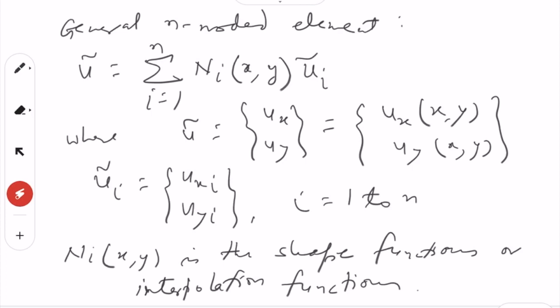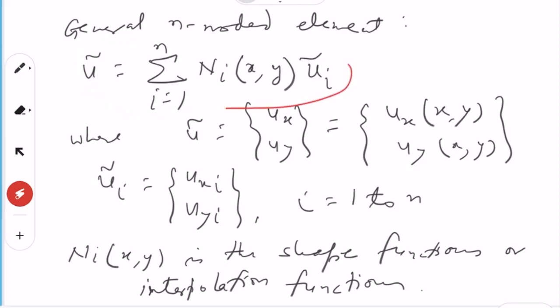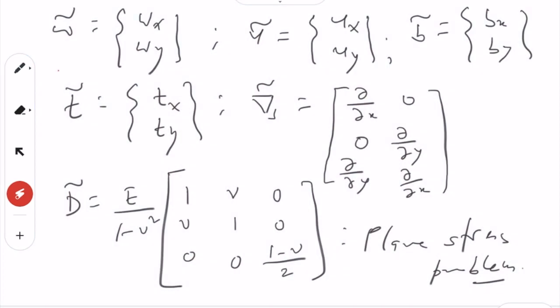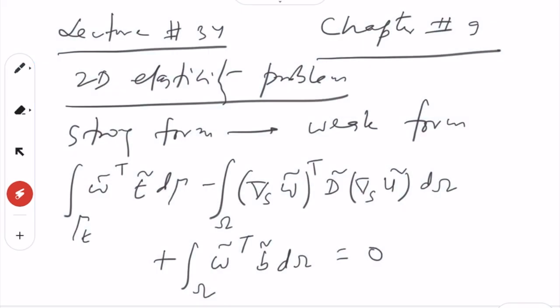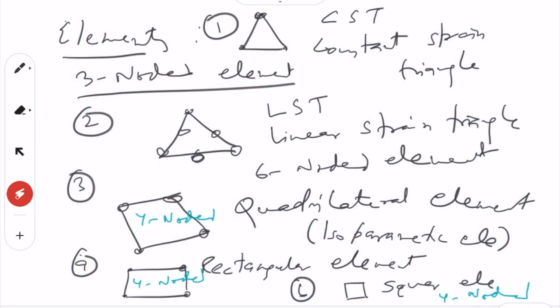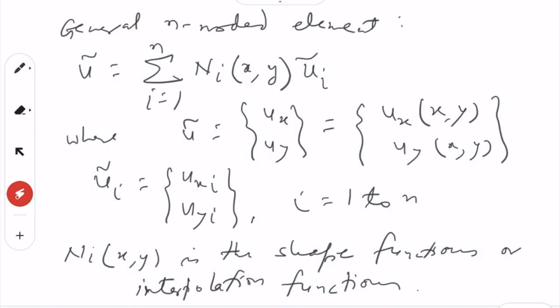Again we also have to write w as well. So we have w as well in the equation, so we have to write that also. Again we will have a w vector corresponding to all nodes, the way we have the u vector.